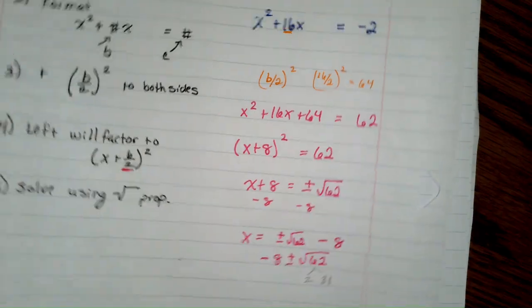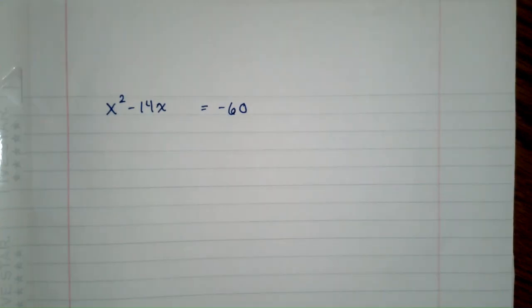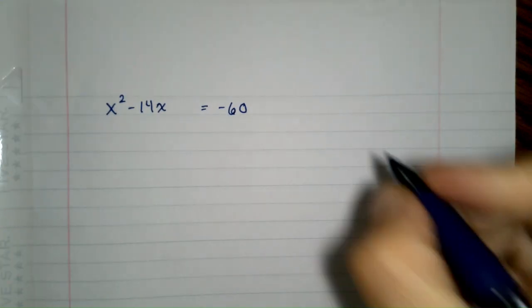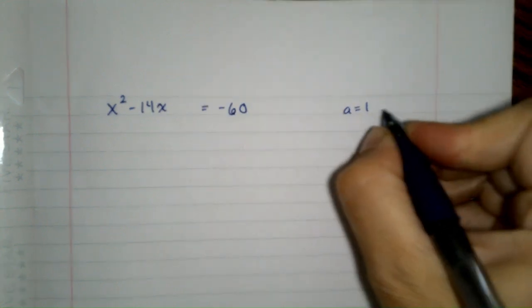Okay, let's try another one. x squared minus 14x equals negative 60. So a equals 1, check.